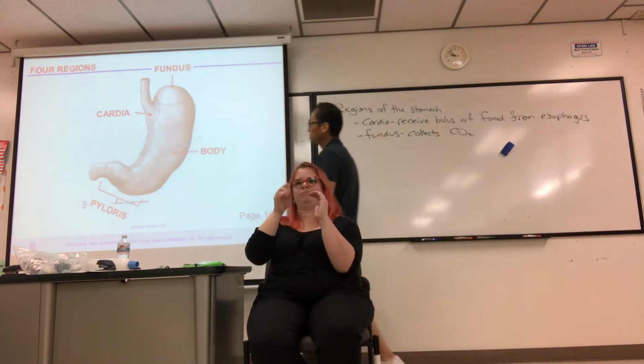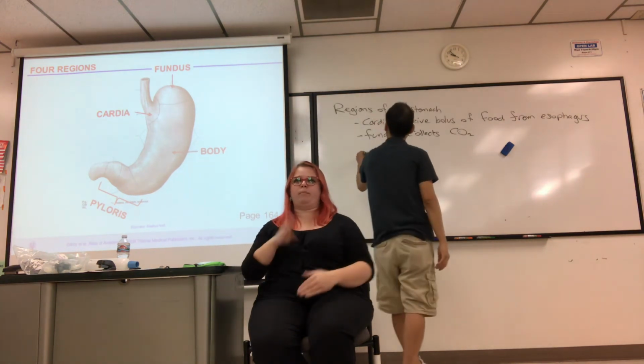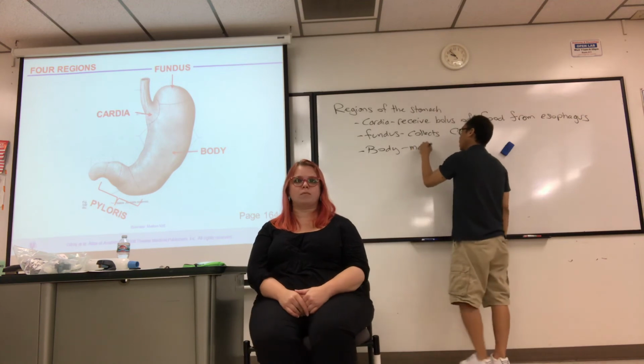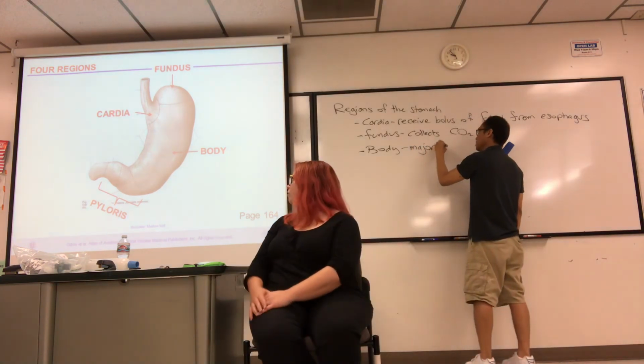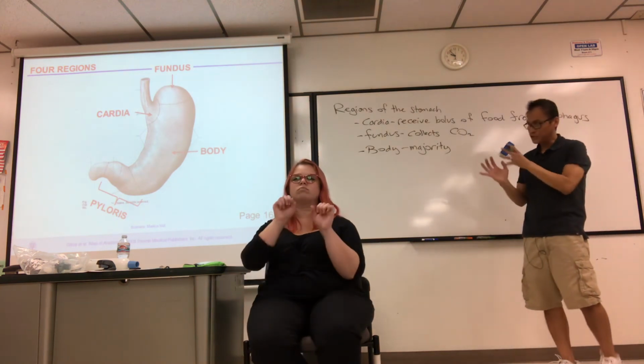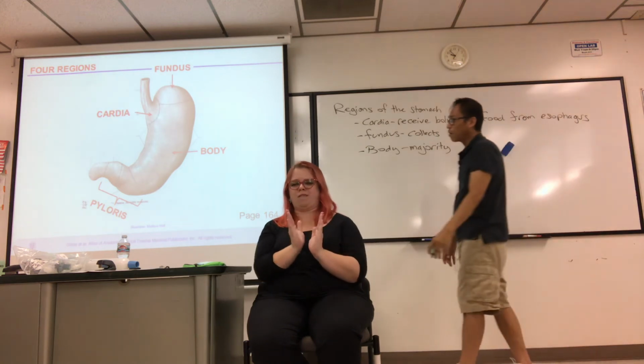Now, the majority of the stomach is the body. Majority. Now, you can see that the shape of the stomach, it kind of narrows to a funnel. That funnel is called pylorus.